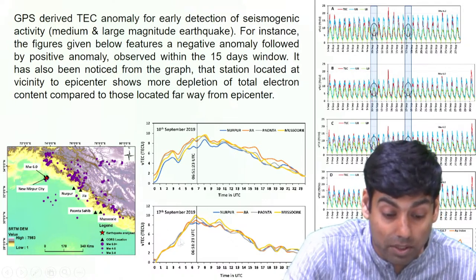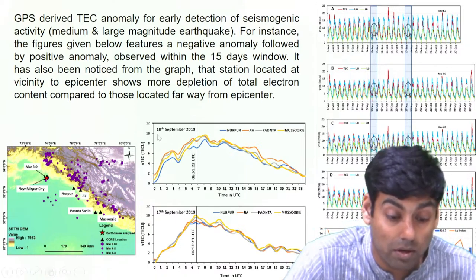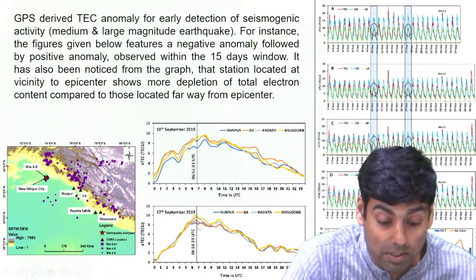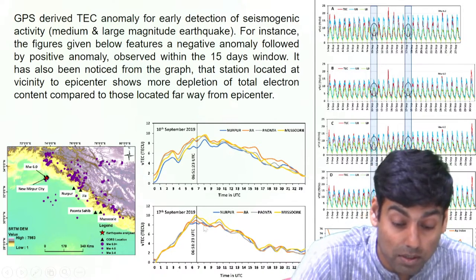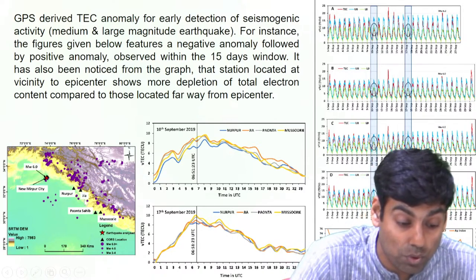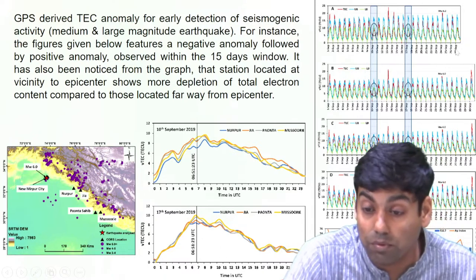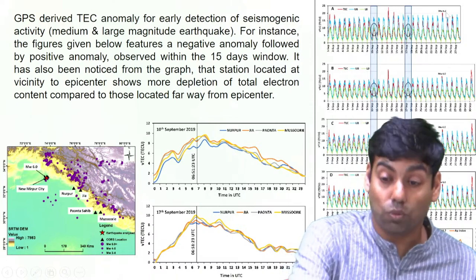We observed this anomaly at two times, one on 10th September 2019 and another on 17th September 2019. Here you can see a very typical change in the total electron content, starting from Nurpur to Jia to Paonta Sahib and Mussoorie, and then on the 24th September 2019, there was a 6 magnitude earthquake.